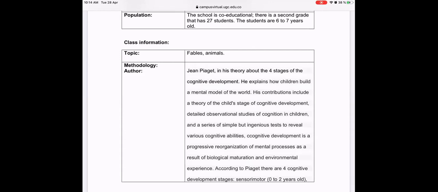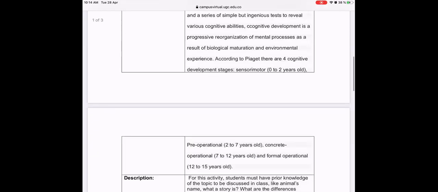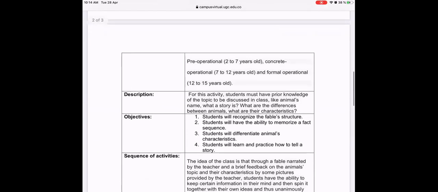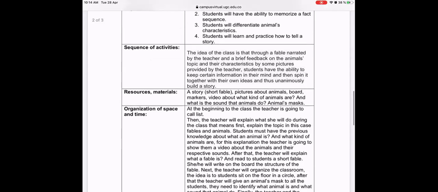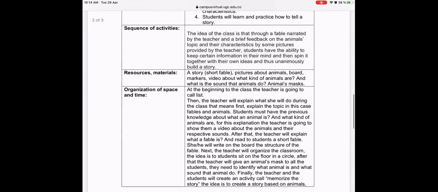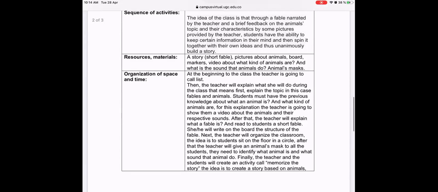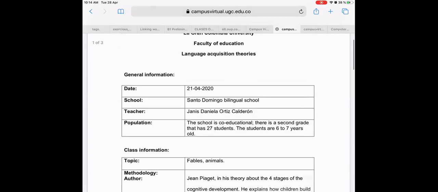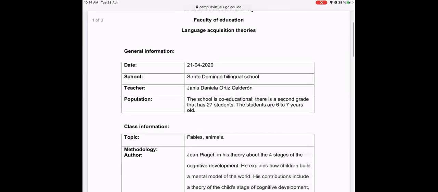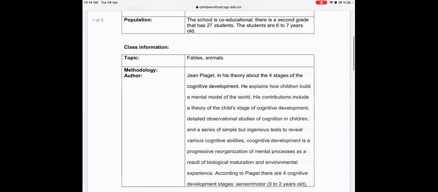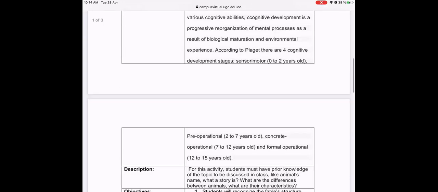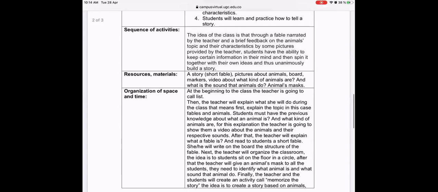And the author that I choose is Piaget, and more specifically the second stage, because in this age, 6 and 7 years, students have symbolic thinking and they start to use a proper syntax and grammar. They can express concepts according to their imagination and their intuition.